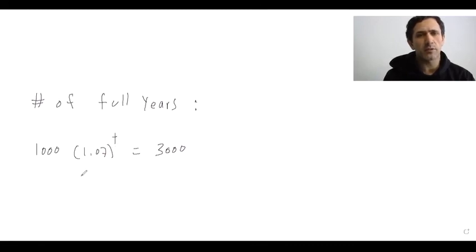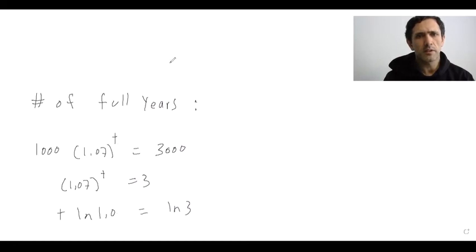Now we're going to solve for t. This is pretty straightforward. Just divide by 1,000 and take the ln of both sides. t ln of 1.07 is ln of 3.